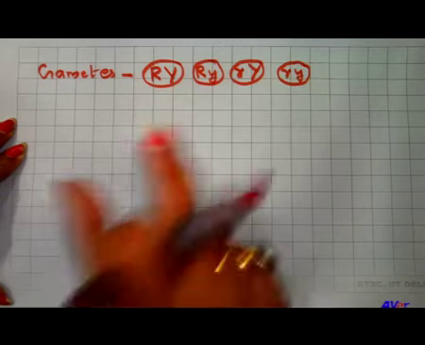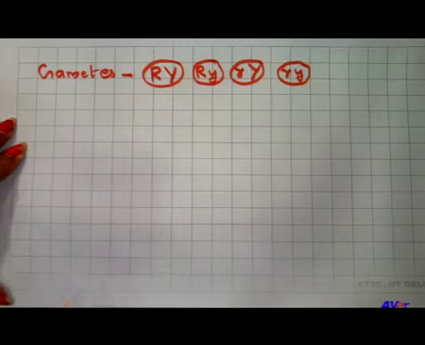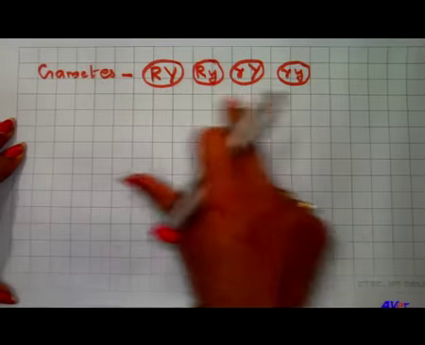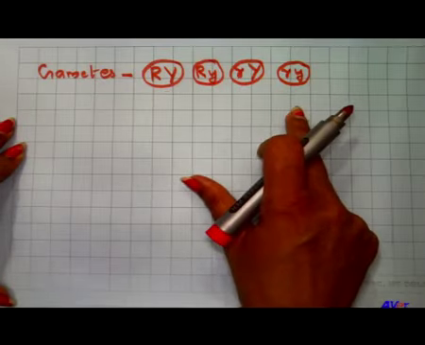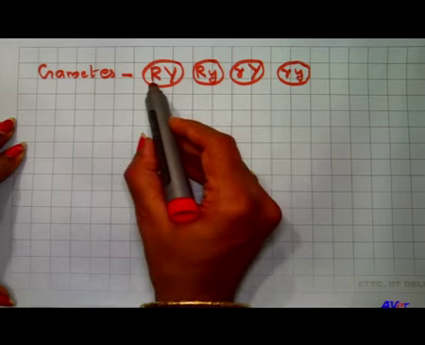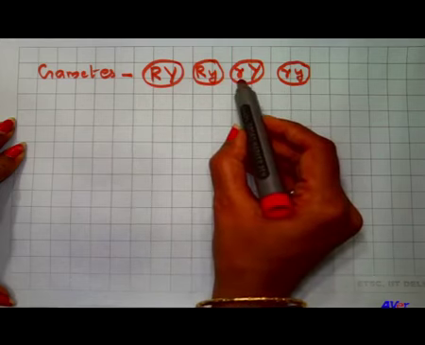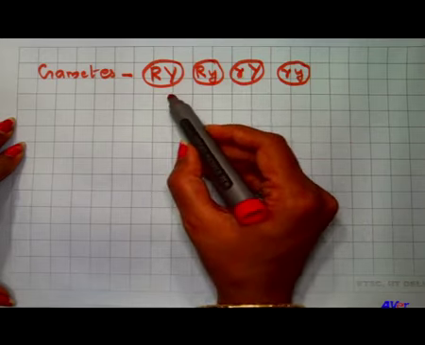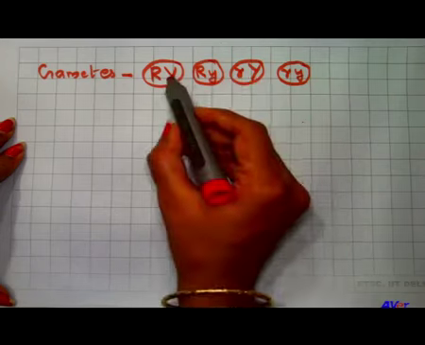Separation of one pair of alleles is independent from the separation of the second pair of alleles. Here the separation of capital R and small r alleles is totally independent from the separation of the second pair of alleles, capital Y and small y.